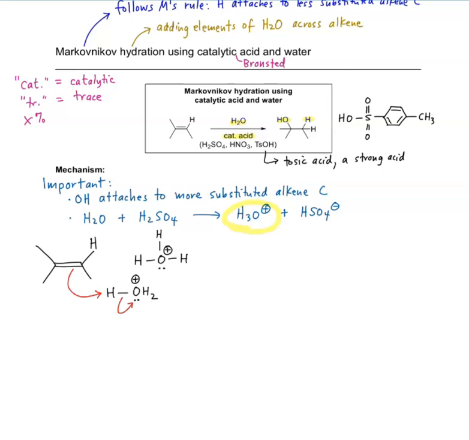The alkene uses the pair of pi electrons to accept the proton from H3O+. Because it's a Markovnikov addition, the proton attaches to the alkene carbon that has more protons. So it attaches to the less substituted alkene carbon, which means that the carbocation forms on the more substituted alkene carbon. So we have a tertiary cation that we formed this way.